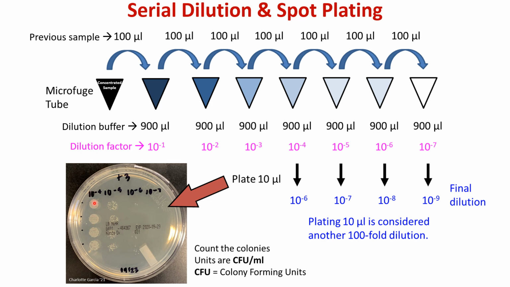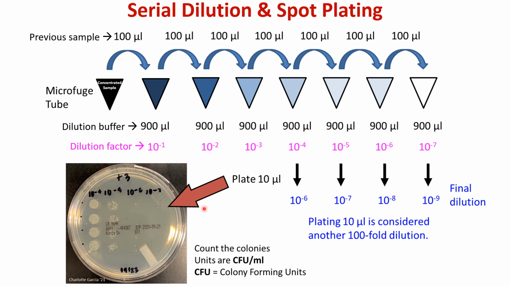Each spot is 10 microliters, in this case coming from this minus 4 dilution tube. We'll have 4 of those, then 4 from the minus 5, 4 from the minus 6, 4 from the minus 7. You can see that you start with a very concentrated high number of cells, and they get less and less as we go from left to right.